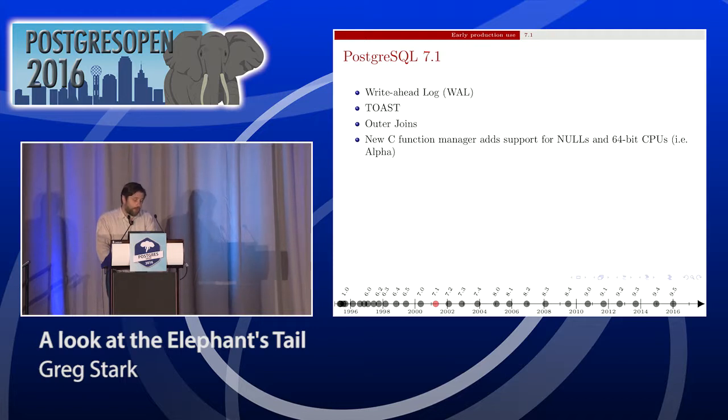TOAST is also about solving a user problem. At that time, users found it a major limitation that they couldn't store data larger than, I think it was 8K, one page. TOAST allows you, and still this design philosophy of solving things in a general, flexible way, transparent to the user, to store data that's arbitrarily large in a column in Postgres, and this was at the time unique, without having to even worry about how it would work.